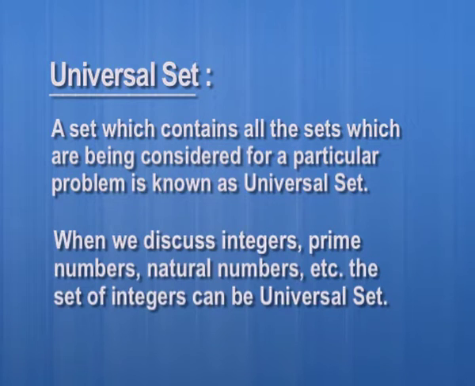Suppose we are considering the set of integers, set of prime numbers, set of natural numbers, then the set of real numbers can be considered as a universal set, or the set of integers can be considered as the universal set. The only thing is, the universal set is the set which is the superset for all those sets which are being considered for that particular problem.